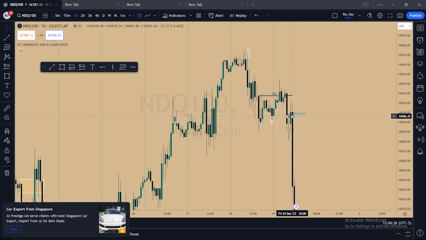Okay, there was a fair value gap there. On the 1 hour again, price was taken here, and then liquidity wiped here during the London session, then price broke. These are high probability setups.